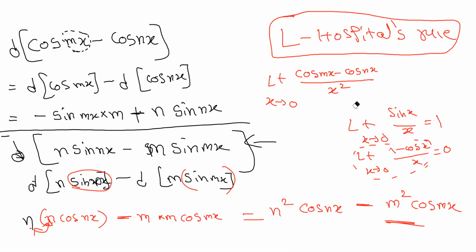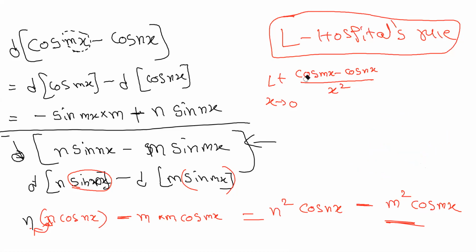Either you can convert this to sin x by x, but in maximum cases, we will take it as sine forms only. That means you have to convert this total cos mx minus cos nx into sine forms. For that, mx I can take as total one angle.